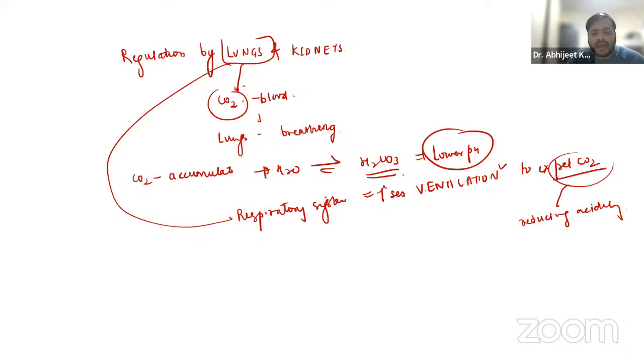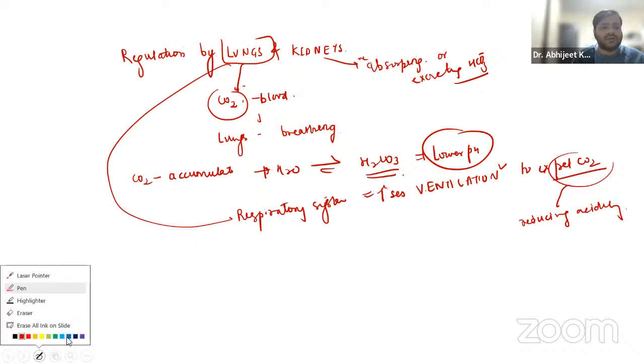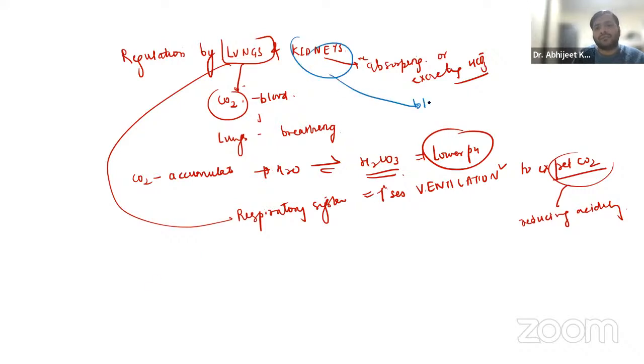Now, kidneys help maintain the bicarbonate balance by reabsorbing or excreting HCO3 minus as needed. If the blood becomes too acidic, the kidneys will retain bicarbonate, they will reabsorb bicarbonate.